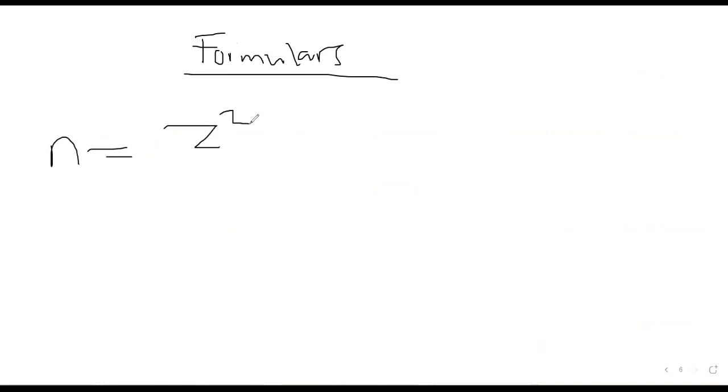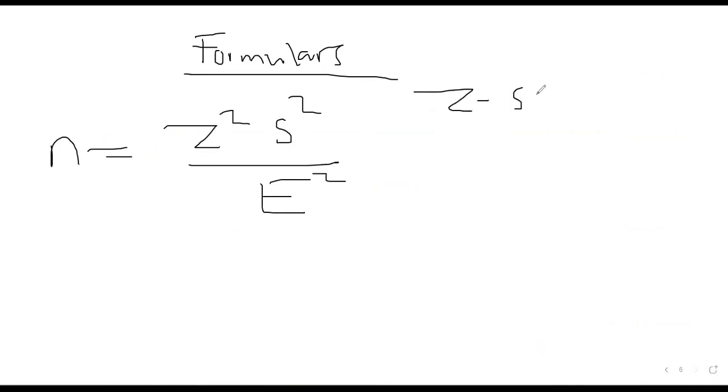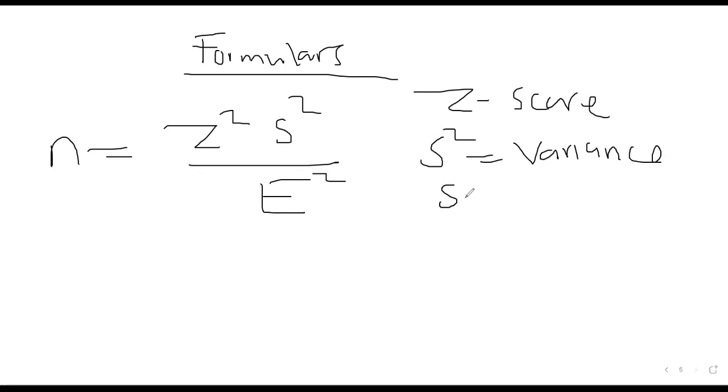It's given by z squared s squared over e squared. The z is a z-score. The s squared is a variance, meaning the s is simply standard deviation. And e is what? Error term or level of precision.